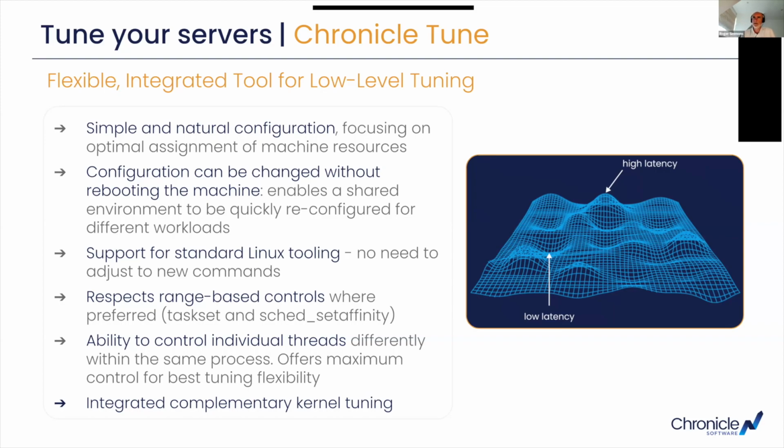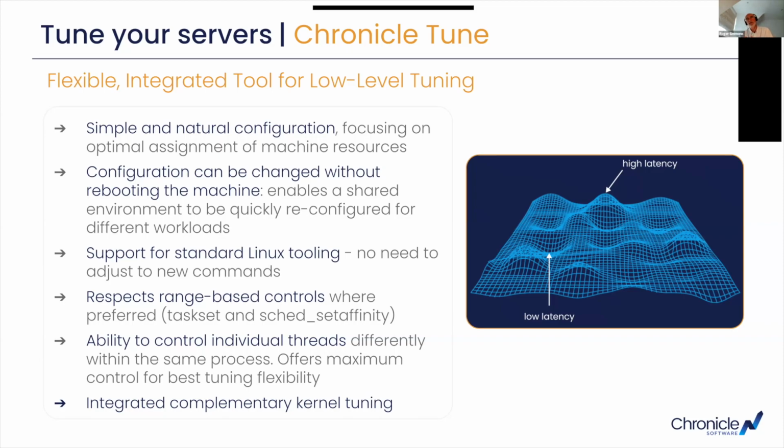So those are two of the big things with Chronicle Tune that we use to displace isolcpus. So Chronicle Tune is fully dynamic. You do not have to reboot the machine when reconfiguring the CPU isolation. And all of the standard tools, range-based taskset, sched_setaffinity, all of those still work completely naturally with Chronicle Tune. Okay, so this is a big usability benefit versus isolcpus.